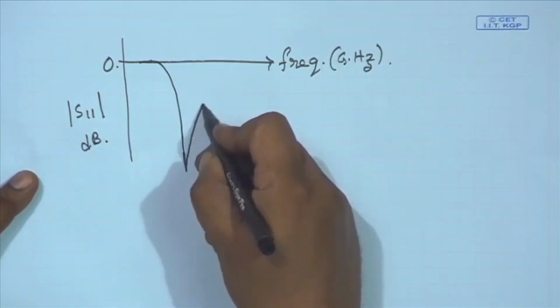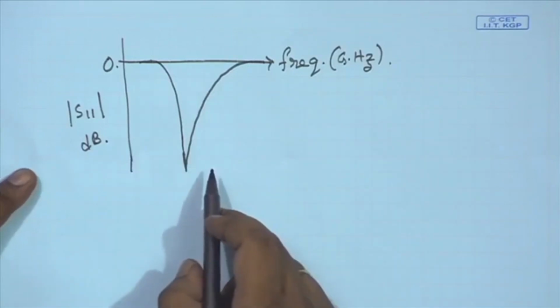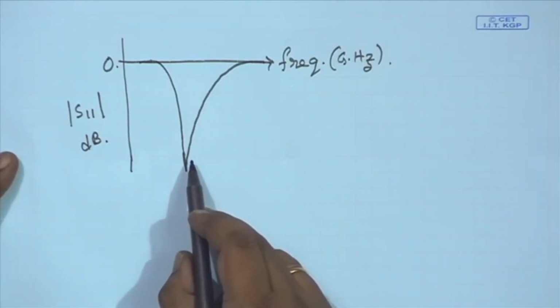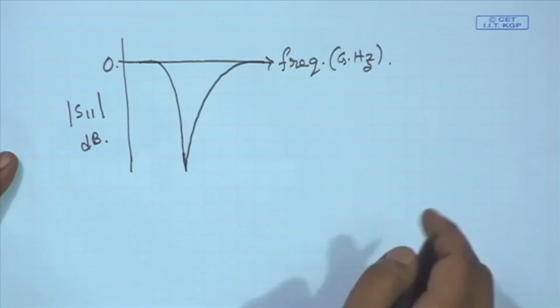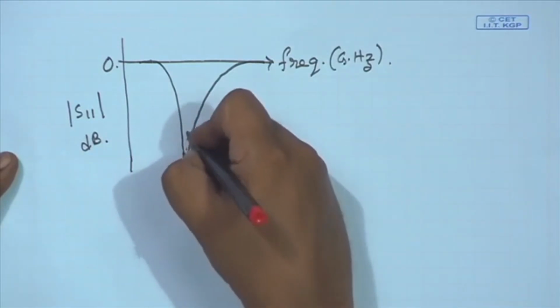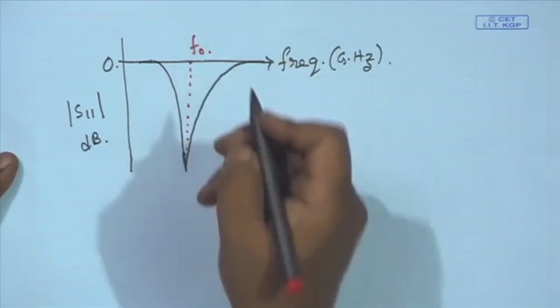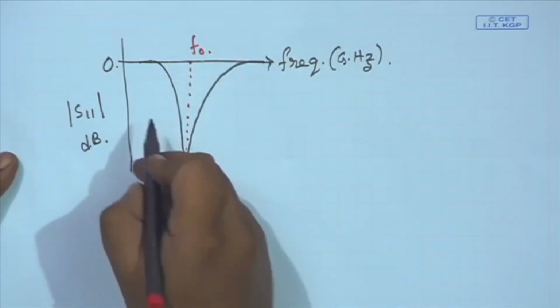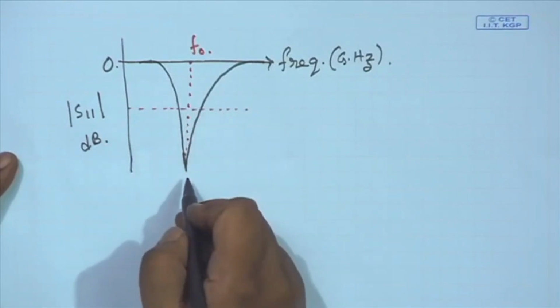So, let us say we have measured S11 or simulated the antenna structure, and from that we have knowledge of S11, and when we plot it, it looks like this. This is what we call the midband frequency of the antenna, where it accepts maximum power. Now, we can define the impedance bandwidth in many ways.